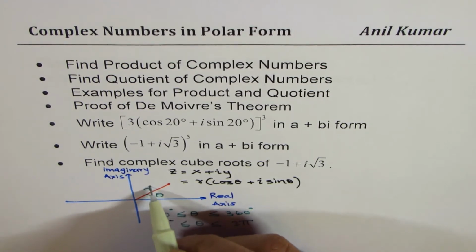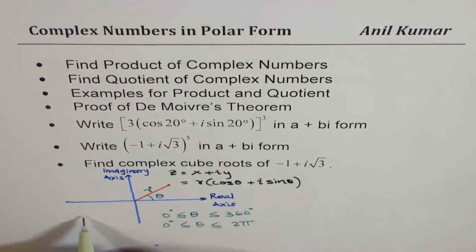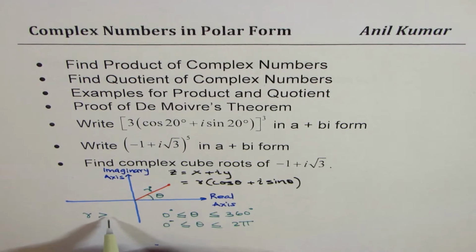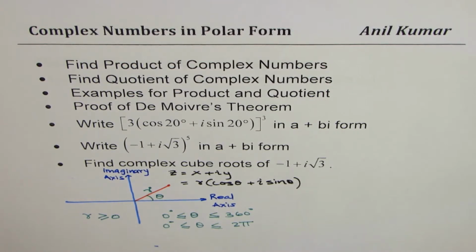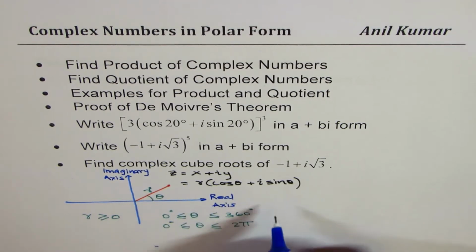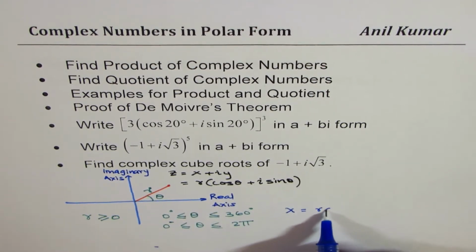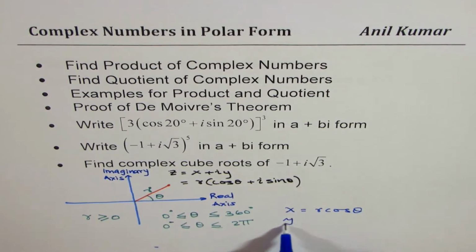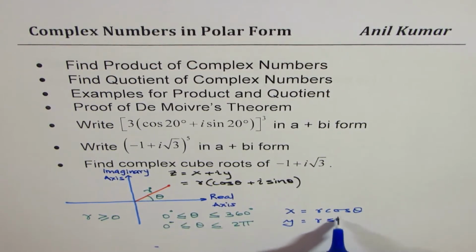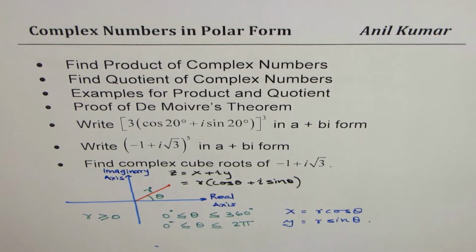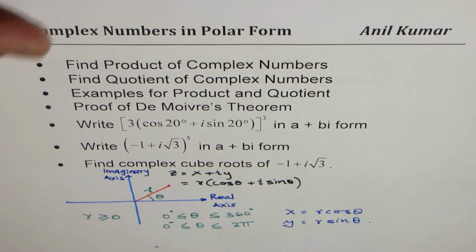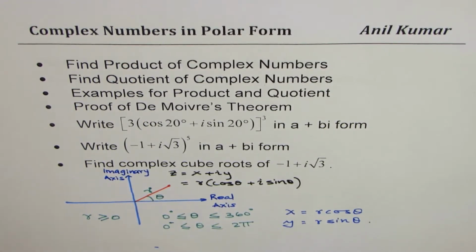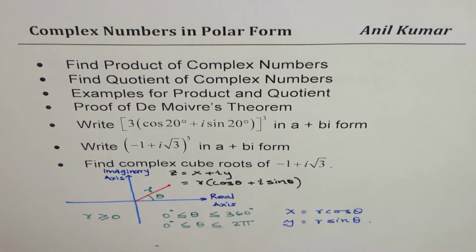And r, the amplitude, is always greater than or equal to 0, is always positive, right? So these are the constraints. Transformation between these two, as you know, is x equals r cos theta and y equals r sine theta. So that's the background. From here, let's begin and find the product of complex numbers and their quotient.